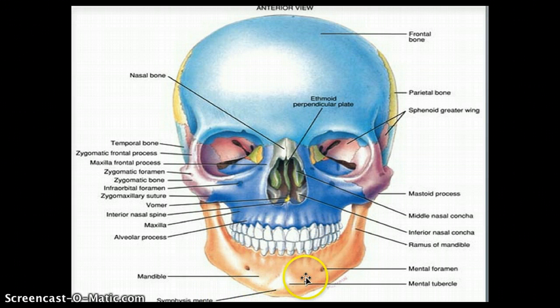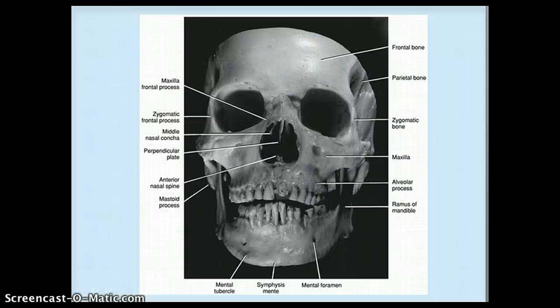The mandible is the lower jaw here. And here's just an actual picture of a skeleton where you can see some of the same structures.